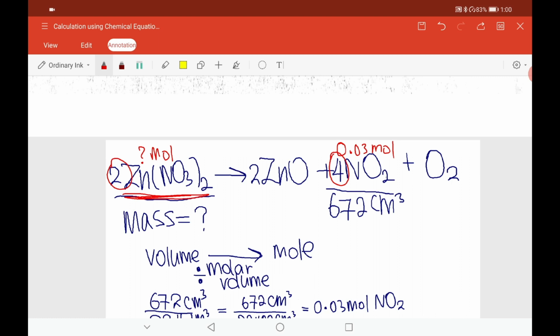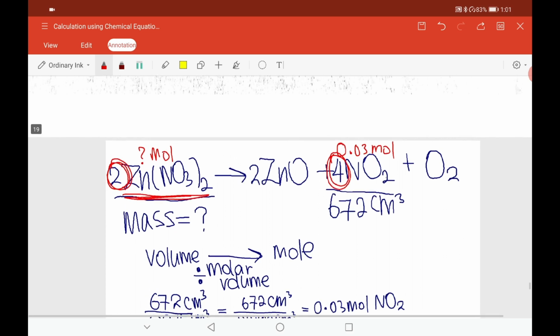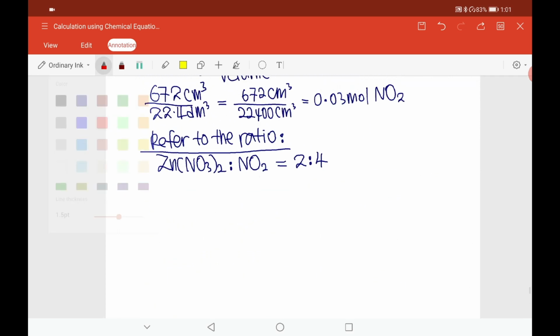NO2 got 4 portions, but ZnNO3 here only got 2 portions. So which means that zinc nitrate is always half of the NO2. So from here you will get the mole for the zinc nitrate.